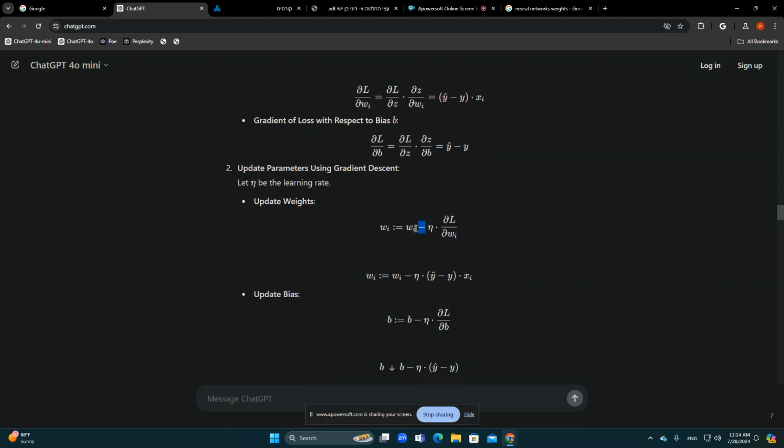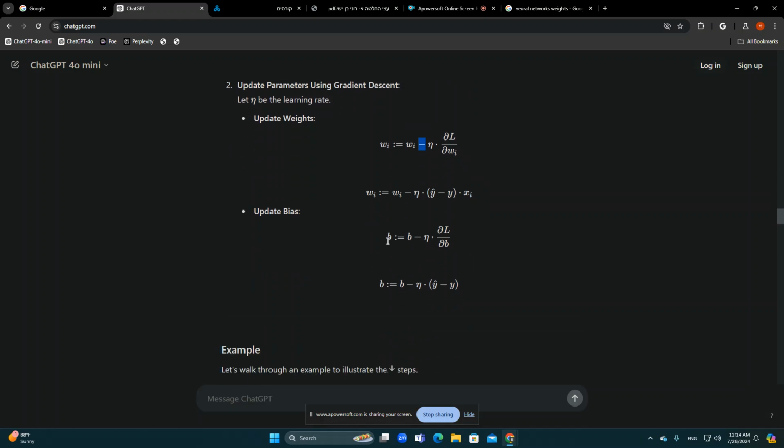So we're taking the wi and reducing n times the derivative of the loss function with respect to this weight. And we are applying this and we are getting this one. For the bias, we are doing the same, moving in the opposite direction, but now with the derivative of the loss function with respect to b, and this is the formula.